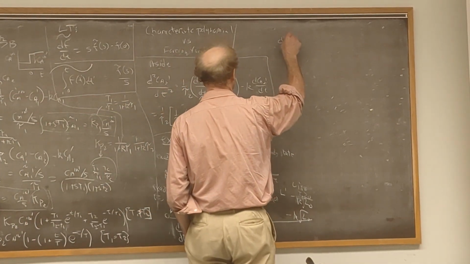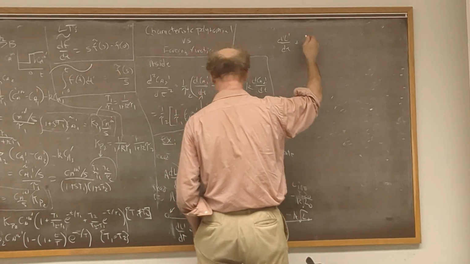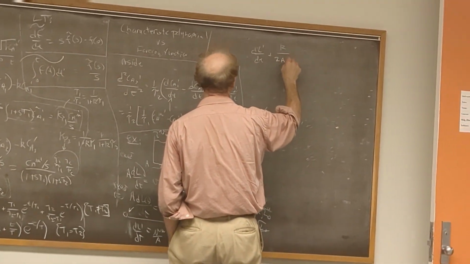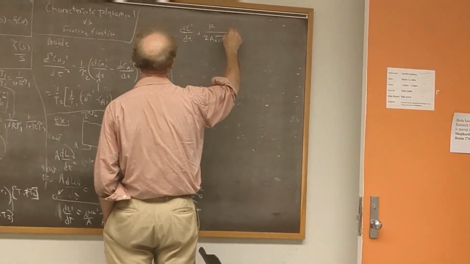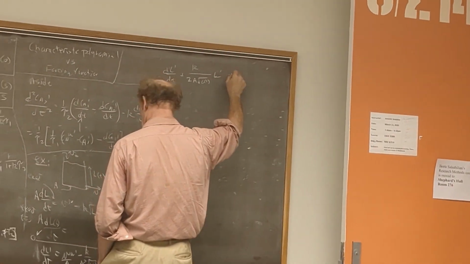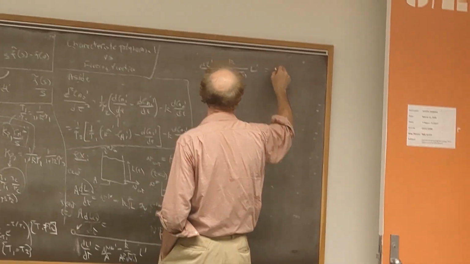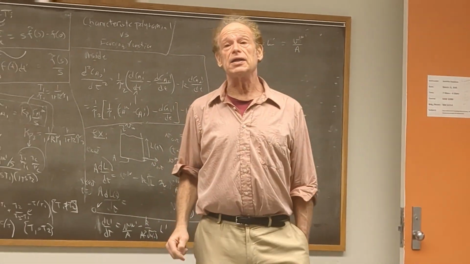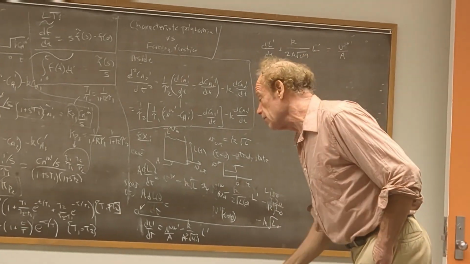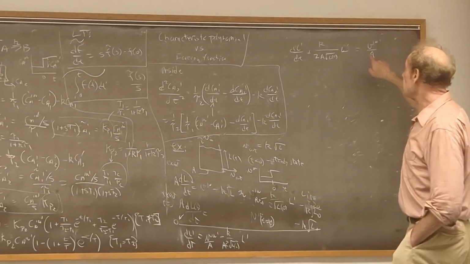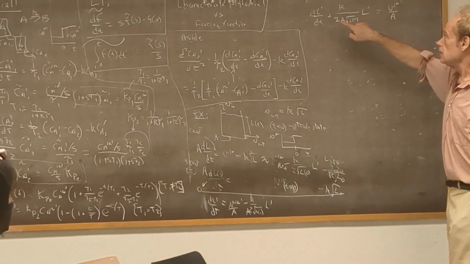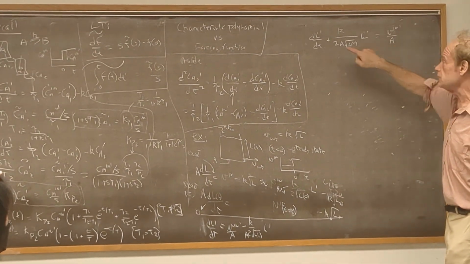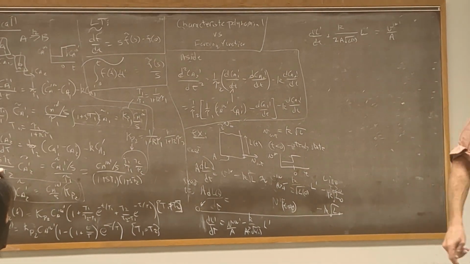So we have dL prime dt plus K over 2A root L of 0, L prime, is equal to V in prime over A. Notice, this is again of the exact same form that we spoke about. Here we have the forcing function, because V in prime is what's causing the change, and here we have the reaction of the system.